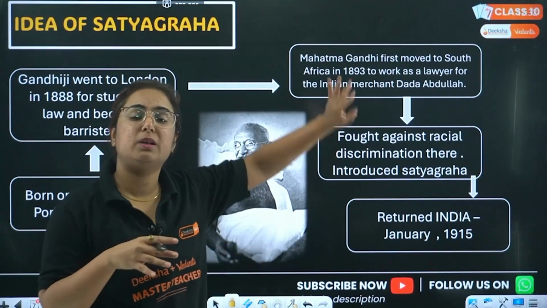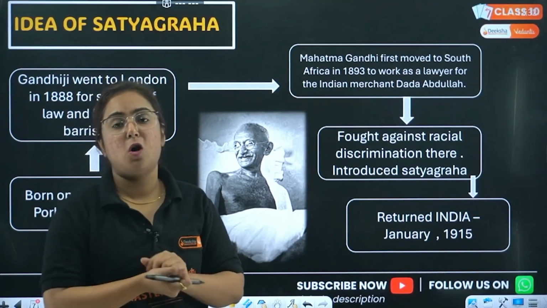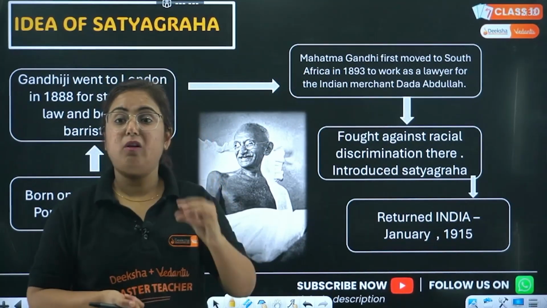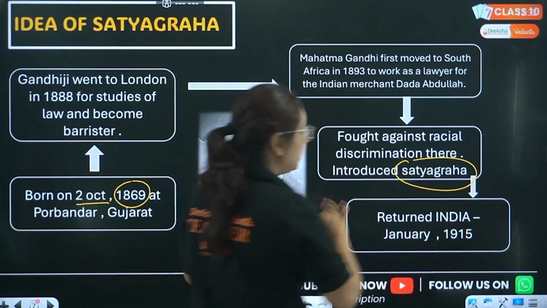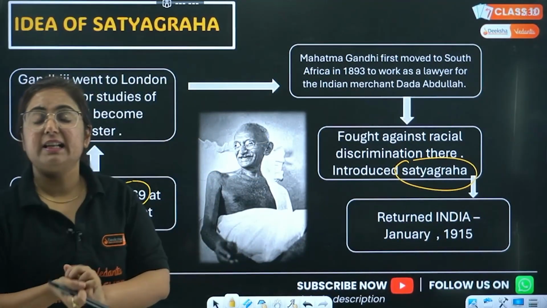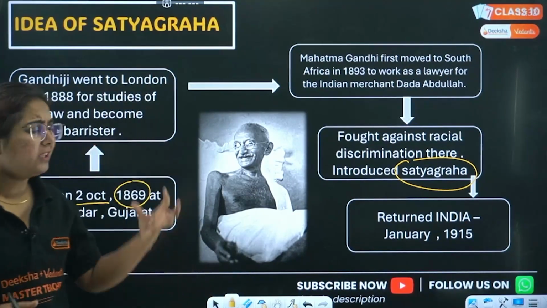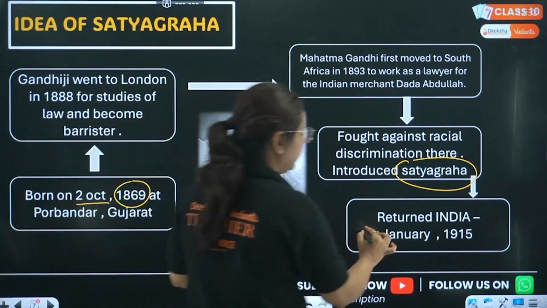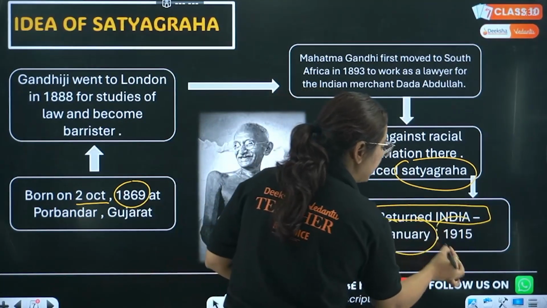What happened? Gandhiji fought against that apartheid system in South Africa also, and there he evolved an ideology, and that ideology is known as Satyagrah. There he evolved an ideology, that ideology is known as, bacha, what? Satyagrah. Okay? After that, he finally came to India. He returned to India in the month of January in 1915.